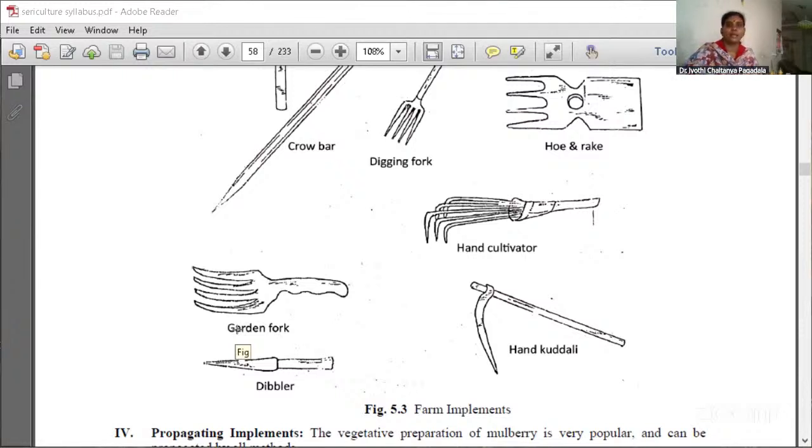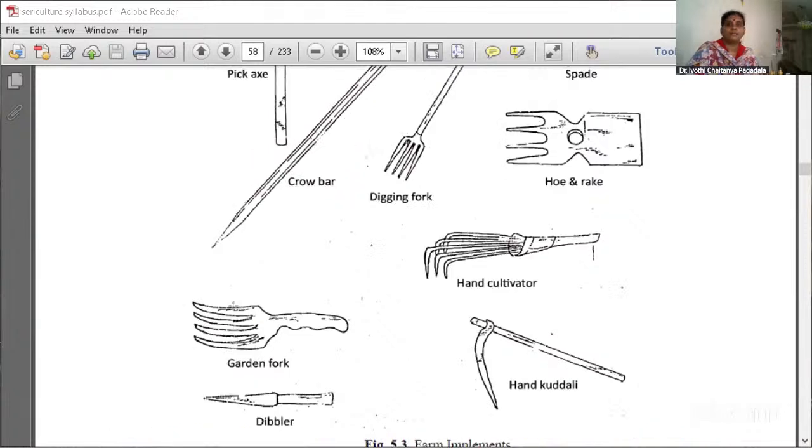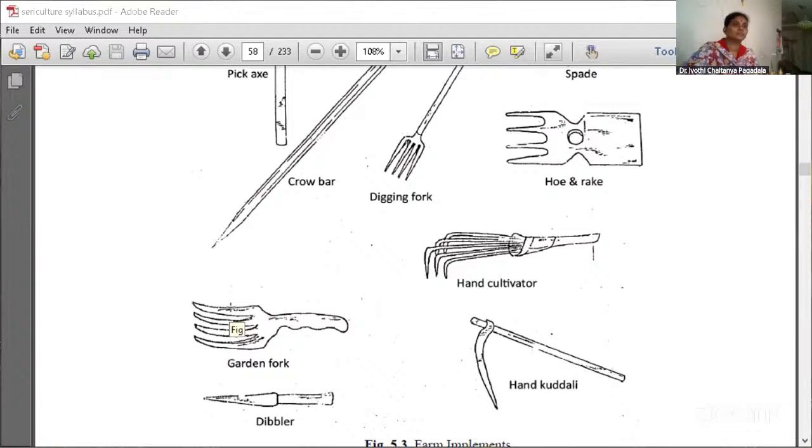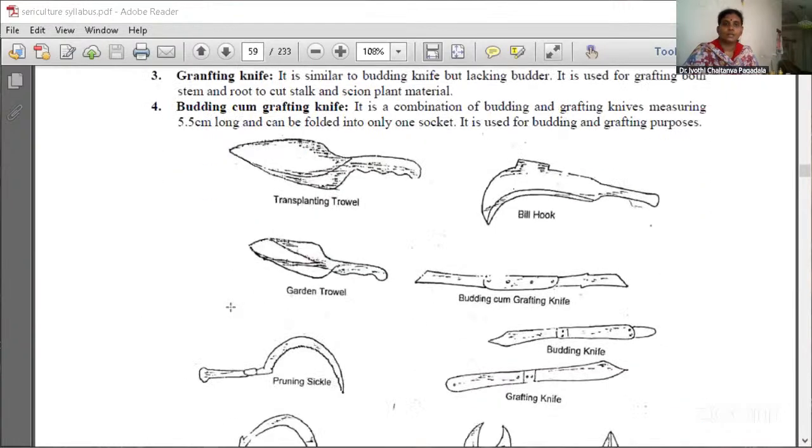One is a spade and another one is a shovel, dibbler, transplanting trowel. And what are the propagating implements? Here, see what these ones are.